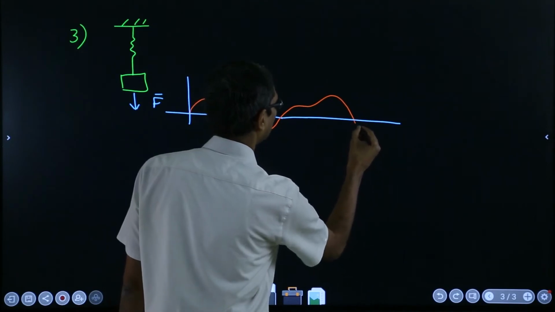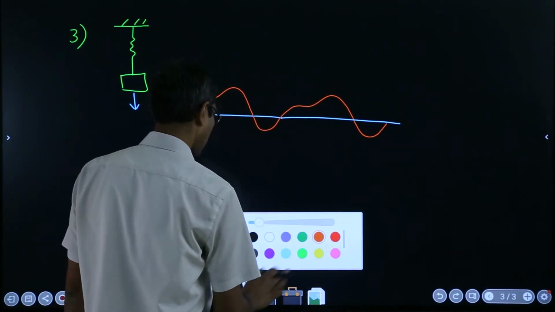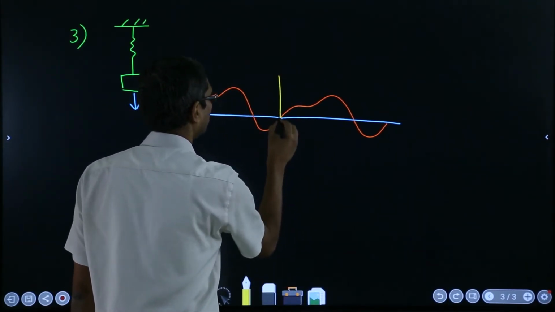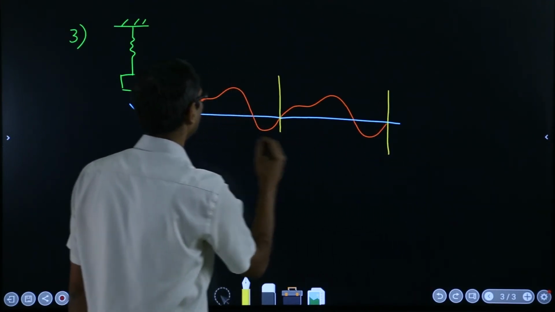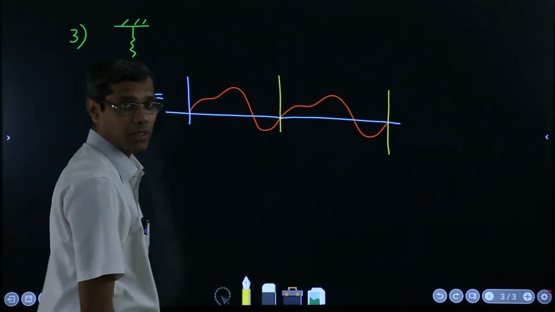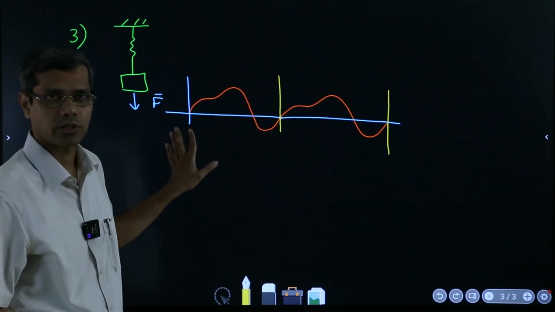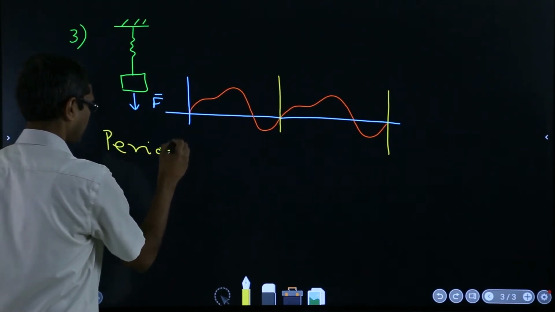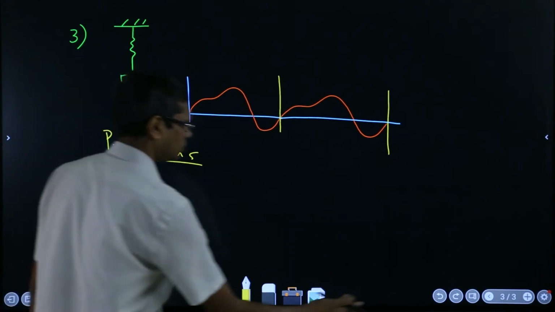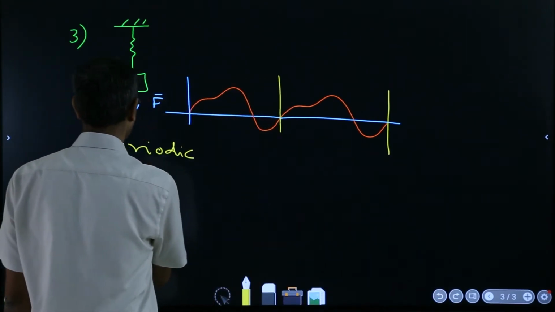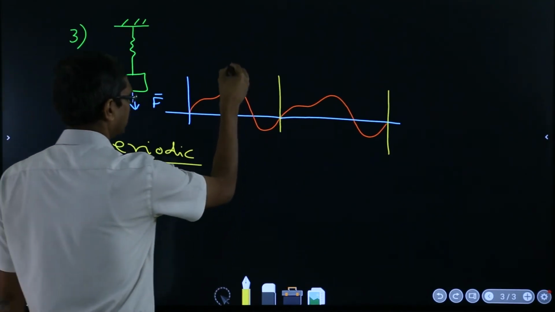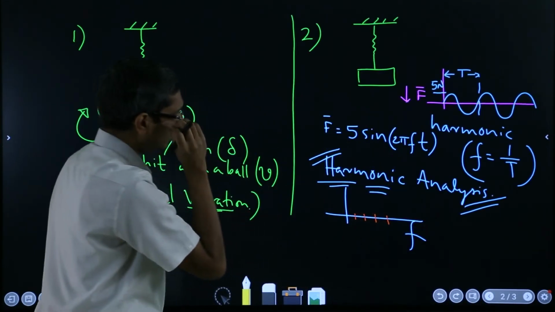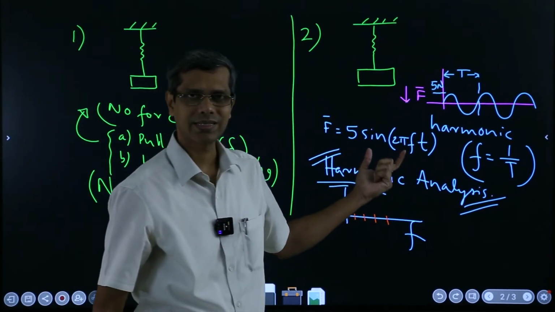In fact, after this also, so like that. And what I meant was up to this point and this point, so they are the same segments. But they are not now harmonics or sinusoids. So it's just periodic, this being the period T. In the previous case, the period was the period of a sinusoid, a sine or a cosine.